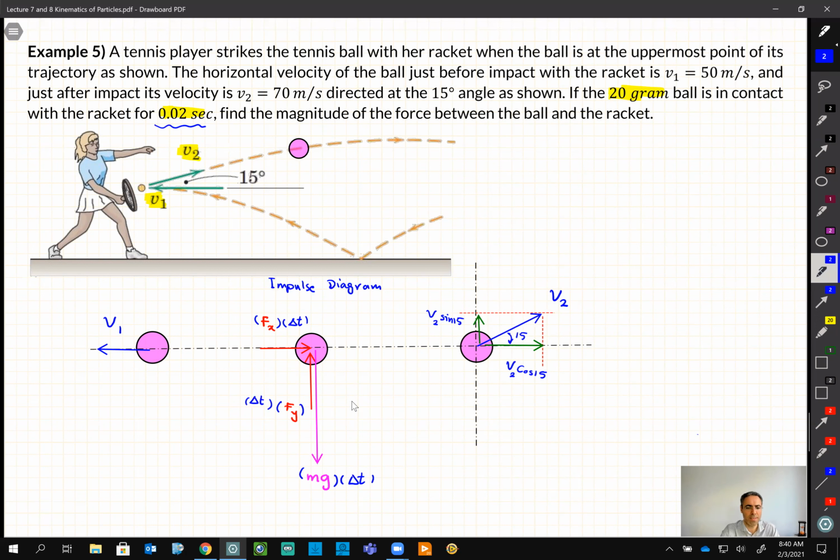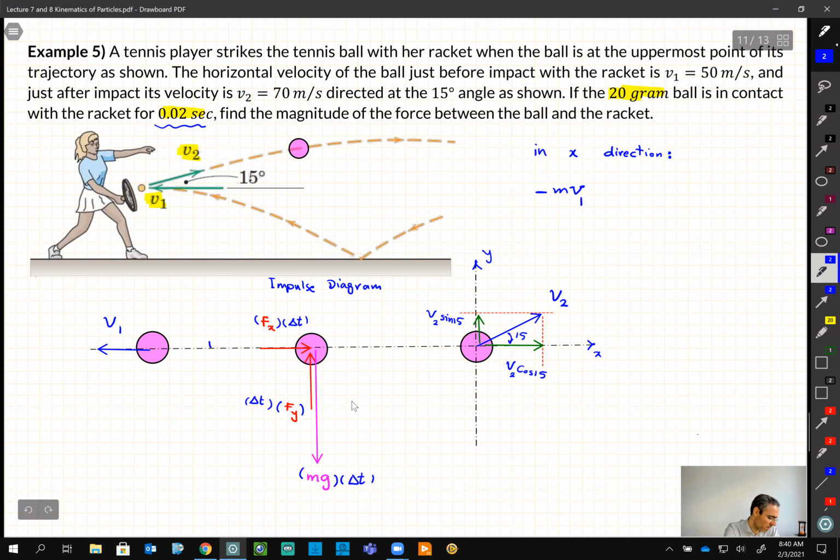Now let's write things down. Everything in x and everything in y. So what do I have in the x direction? Again, let's assume that right is positive and up is positive. So I have minus m v1.